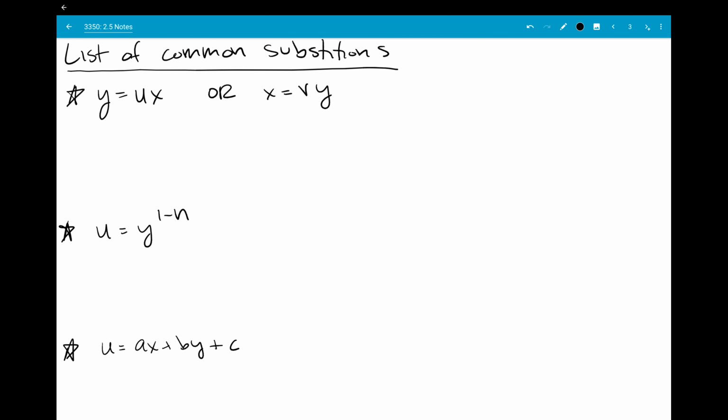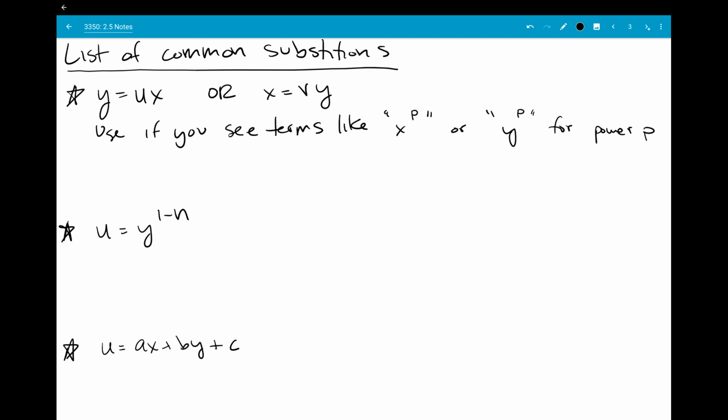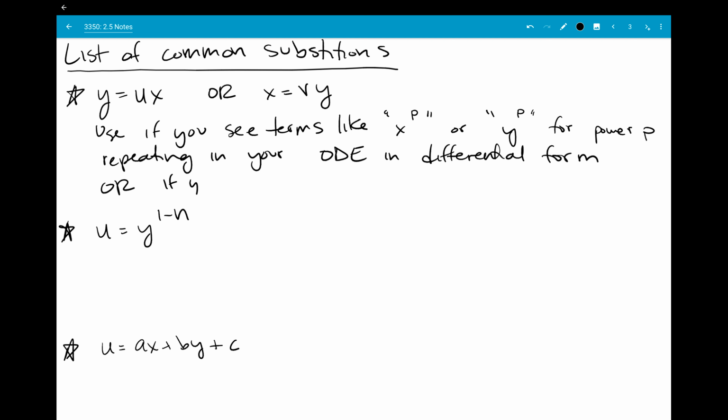For y equals ux, or x equals vy, we're going to use this if you see terms like x to the p or y to the p, for any power p, in your ODE in differential form, or if you see a lot of x over y in derivative form.